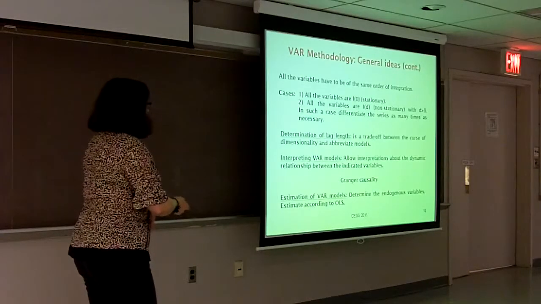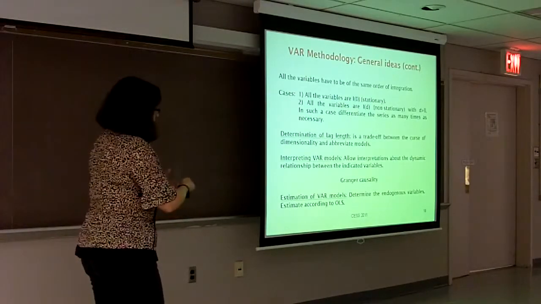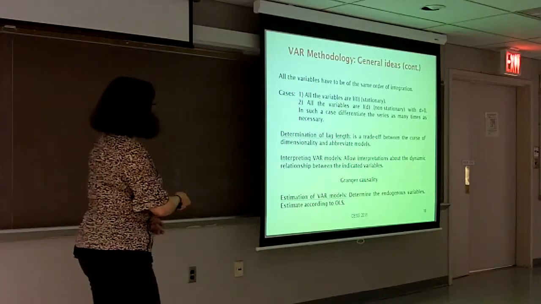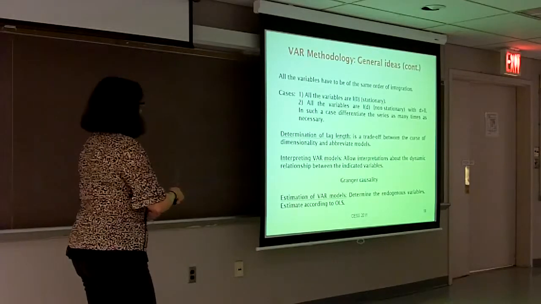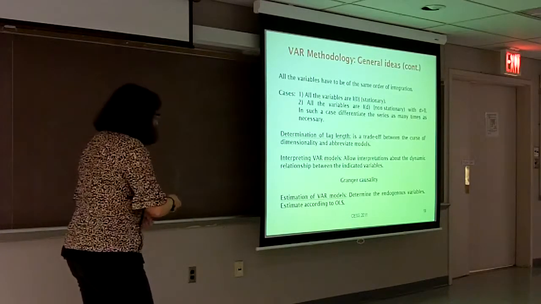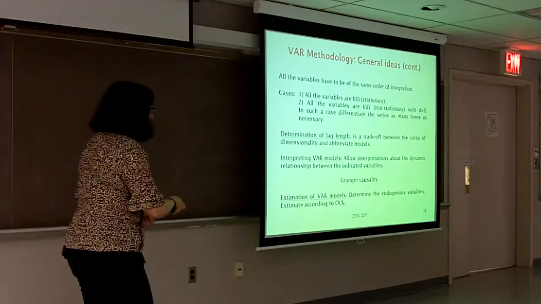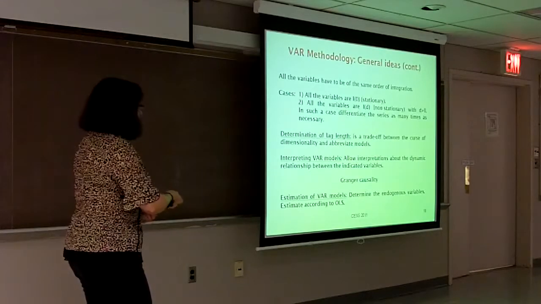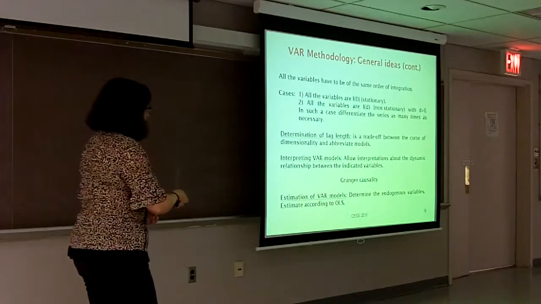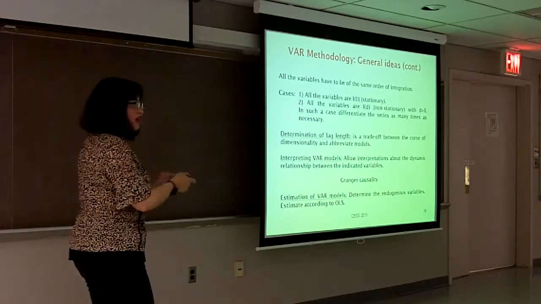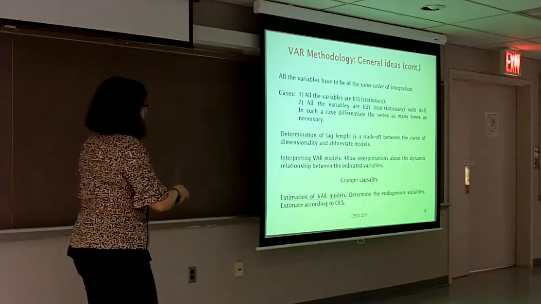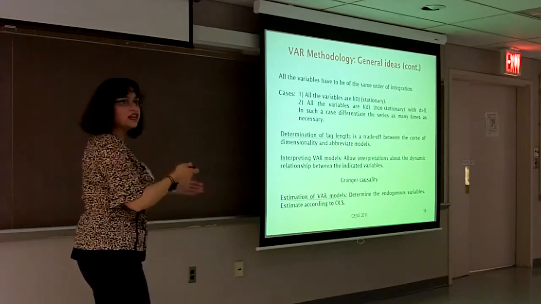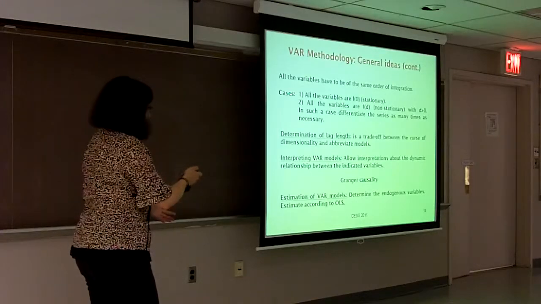And the beauty of this type of approach is not the estimation but the interpretation, because the VAR methodology allows interpretation of the dynamic relationship between the indicated variables through Granger causality. This is important, because other types of models don't give you the chance to interpret the causality of the variables that you are using. So I think honestly that this is the beauty of this approach, because you can find the causality between variables.